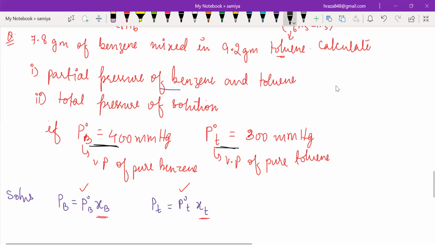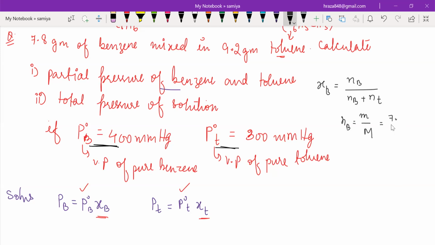So the mole fraction of benzene has the formula: number of moles of benzene upon number of moles of benzene plus number of moles of toluene. Now we need to calculate the number of moles of benzene, that is given mass upon molar mass. Given mass is 7.8. Can you calculate the molar mass of benzene?